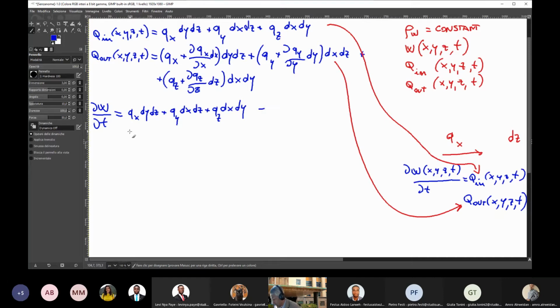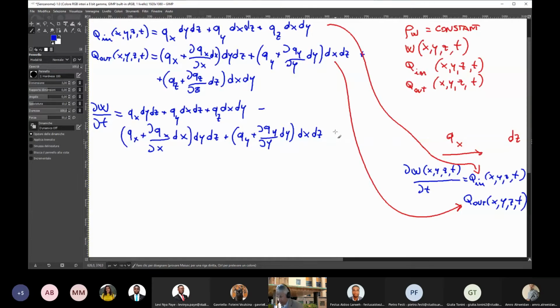I write it below here. qx plus partial derivative of qx with respect to x in the x, dy dz, and I write also the other two just for the sake of clarity. So qy plus partial derivative of qy with respect to y in the y, the x, the z.